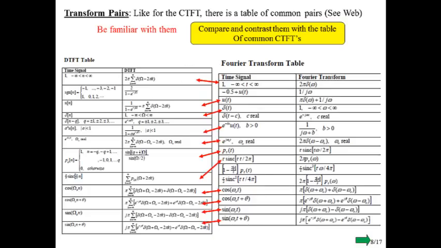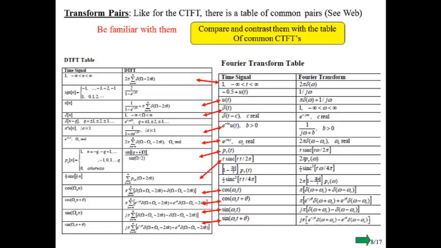Now, what I'm showing here, aside from being a vision test, you have these tables. It's the DTFT table on the left and the CTFT table on the right, or what we've been calling just the Fourier transform table. And I've drawn arrows showing the same entries, and you can see that some of the entries are missing.